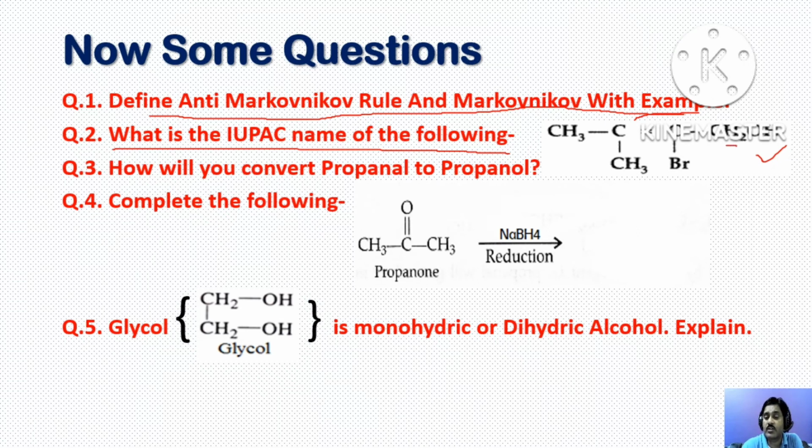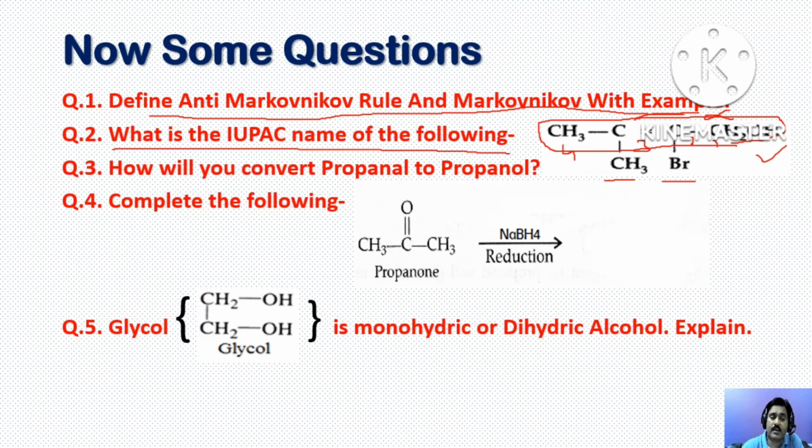First of all, you have to select the longest chain and then give the numbering starting from the carbon which has the OH group, that is, the alpha carbon atom, numbering 1, 2, 3 and 4. After giving the numbering, you have to find out the positions of the attached groups or functional groups, and then the E is replaced with ol in the last step.